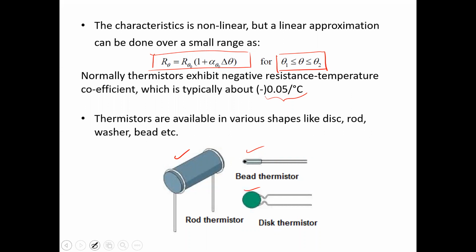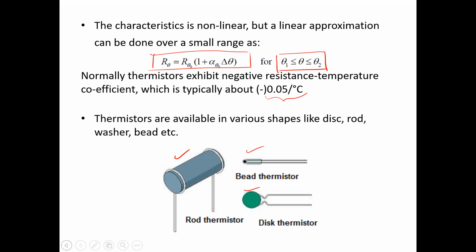Let me conclude here today. So just a brief introduction regarding the two types of resistive transducer that can be used to measure temperatures. In order to measure the temperature, the particular transducer can be connected in a bridge circuit, and the resistance can be measured.